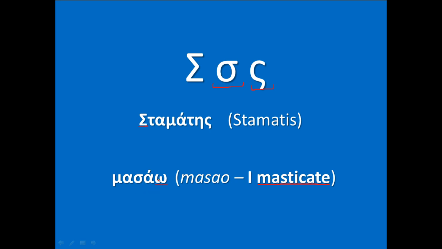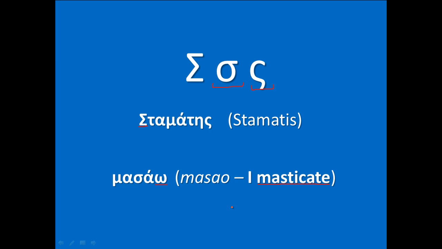So every single verb is different in different persons. That is why we don't need to put the I, you, he, etc. in front. So we don't say εγώ masao, we just say masao. That means I masticate. Masas means you masticate. Masai means he masticates, or she masticates, or it masticates.